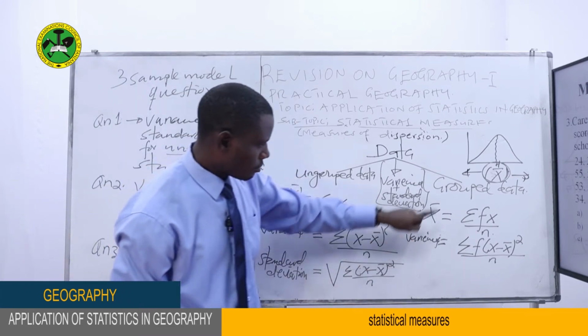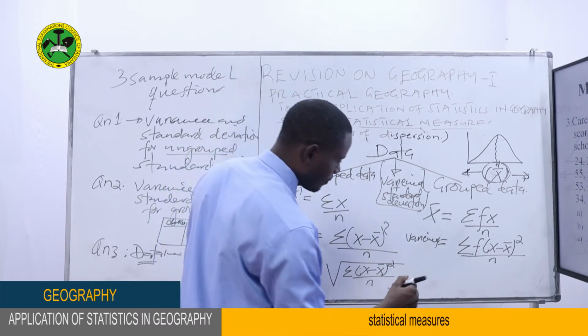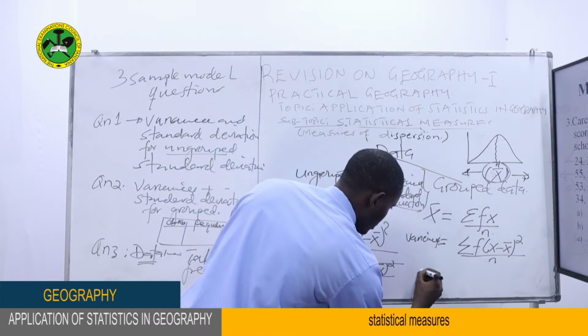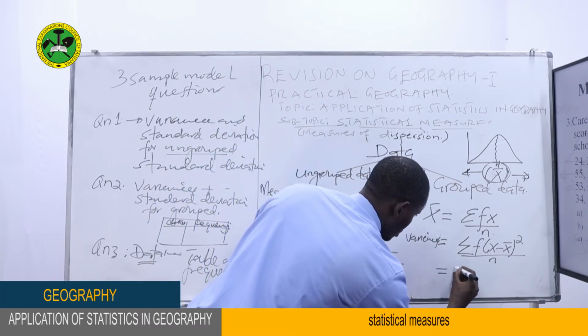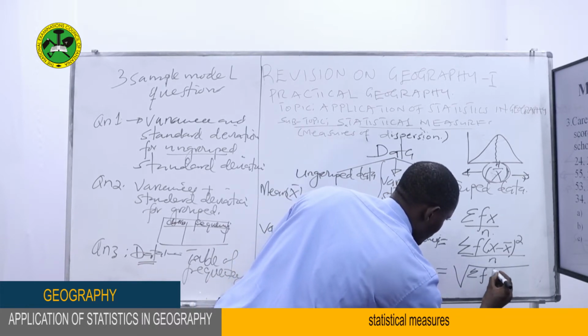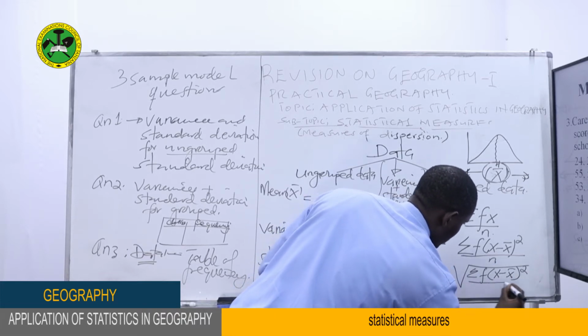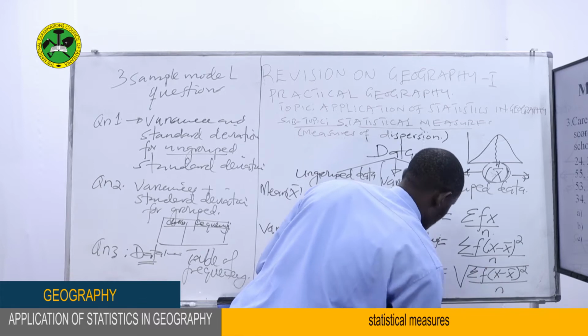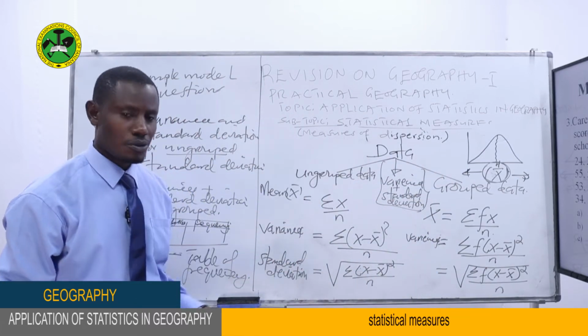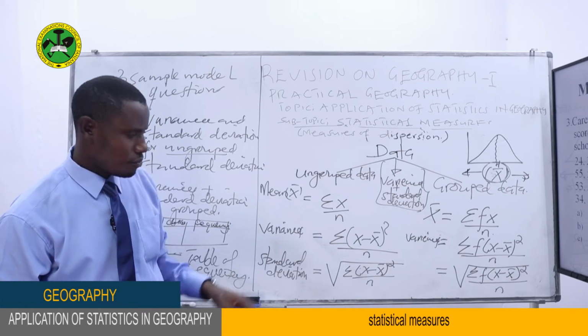The standard deviation for grouped data is given by the square root of the variance, which will be equal to the square root of the summation of f x minus x bar squared, then you divide by n. So it's very important to revise those things, because the questions that we are going to try to solve or revise will be centered on those things.